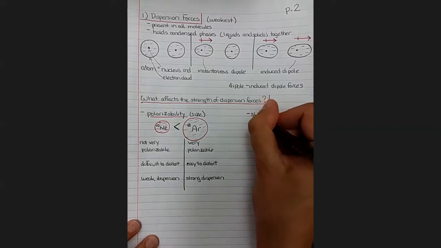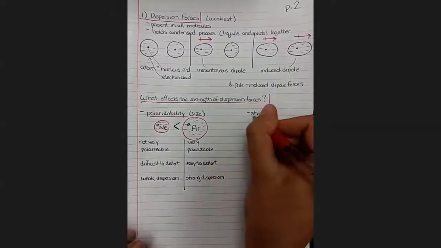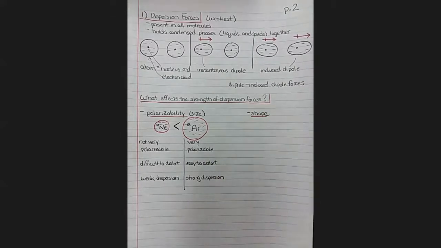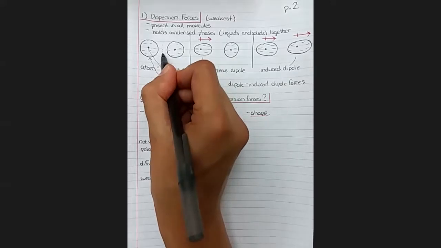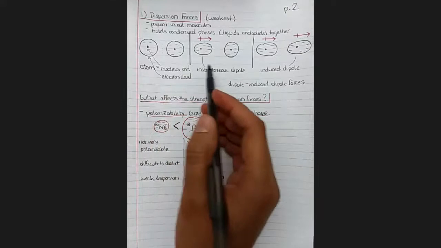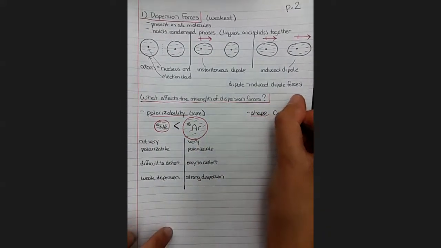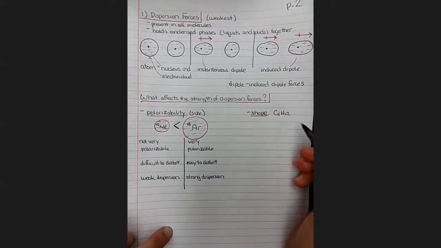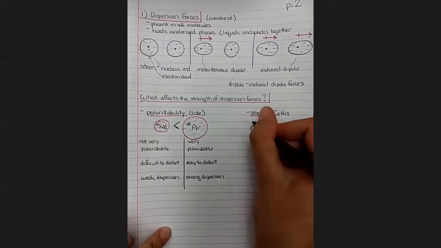Another factor that affects it is the shape of the molecule. Because what we're looking for is a lot of surface area contact between neighbors. The more contact they have, the more easily it is to induce a dipole. So let's take an example formula, C5H12, and let's draw a couple different isomers of that particular shape. Let's draw one here.